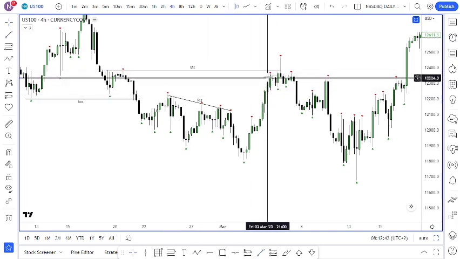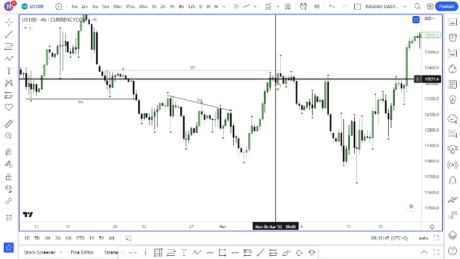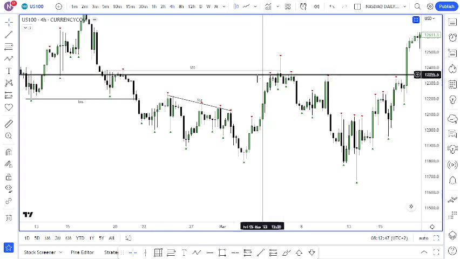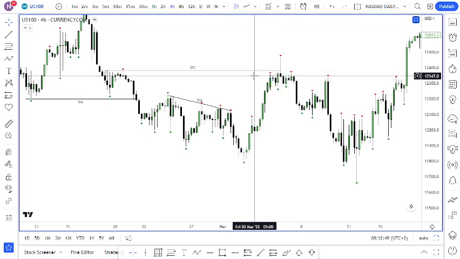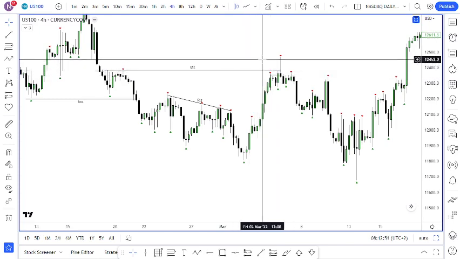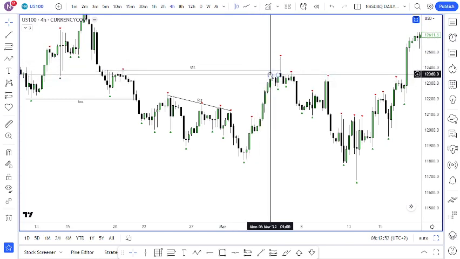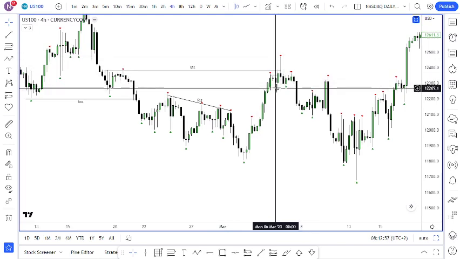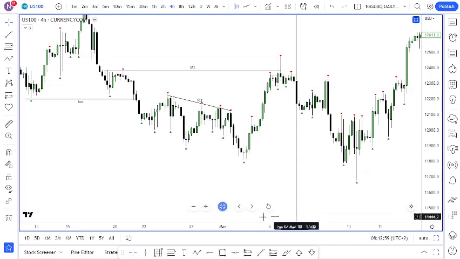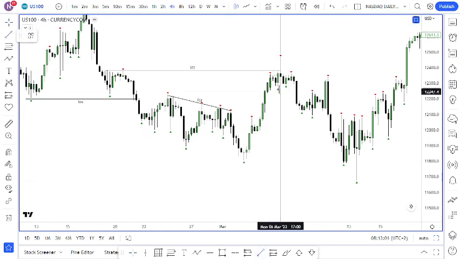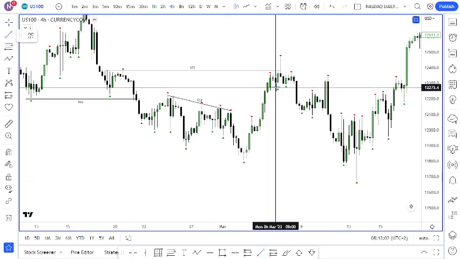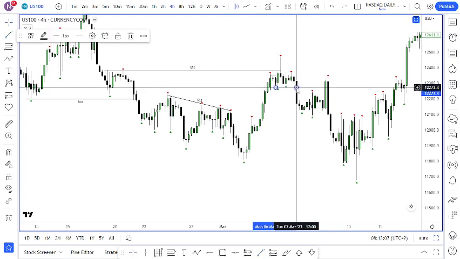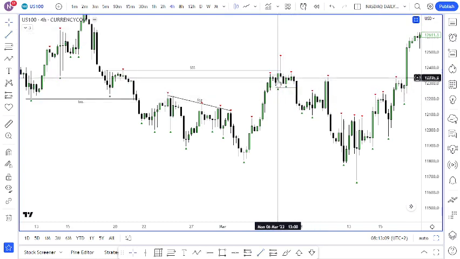Because now as we show respect to it, it gets more traders interested in potentially trading shorts from here and generating more liquidity above the high. So we have a break of structure to the upside when we go above that high. The low is here. So if we get a break of this low, then there is a change of character, a bearish change of character.